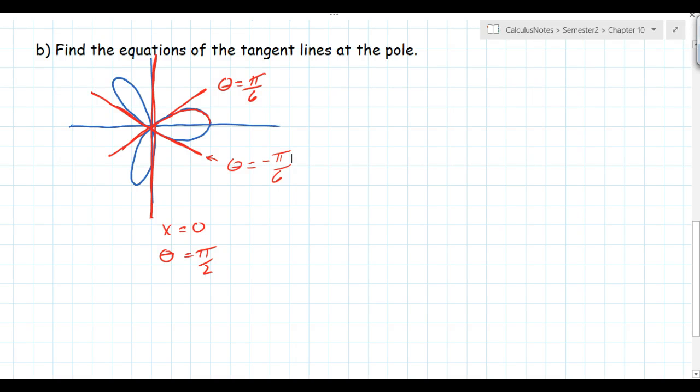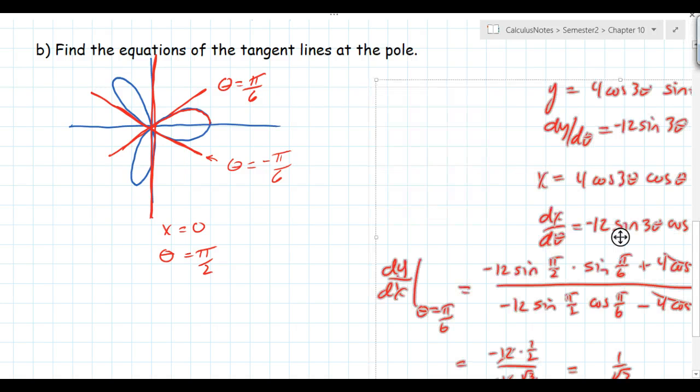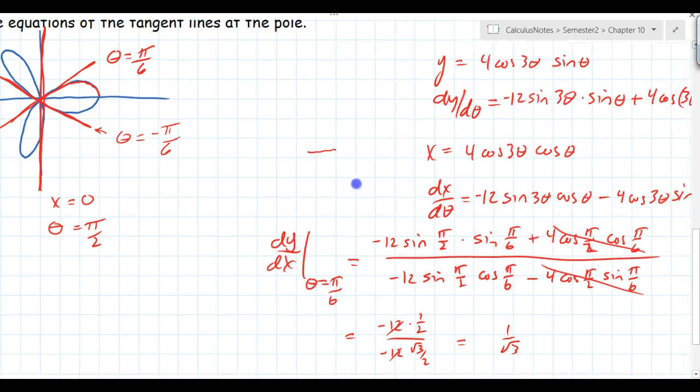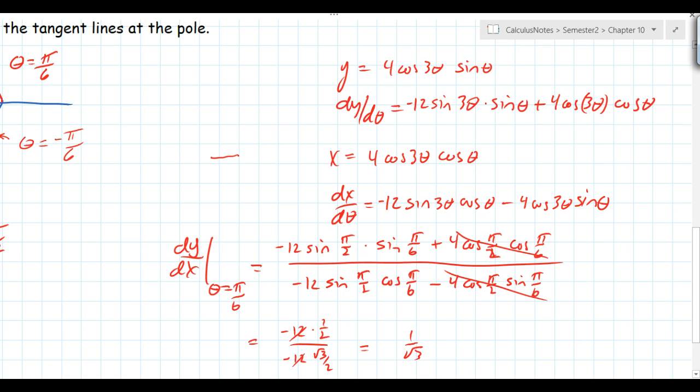Now some of you may have attempted to do this in Cartesian. First you'd have to find the slope. You'd have to name y. Remember, y is r sine theta. So here's r times sine theta. Calculate the derivative.